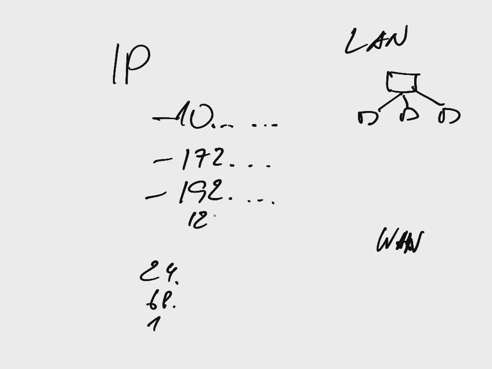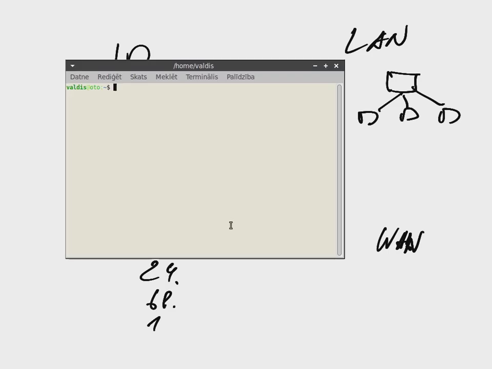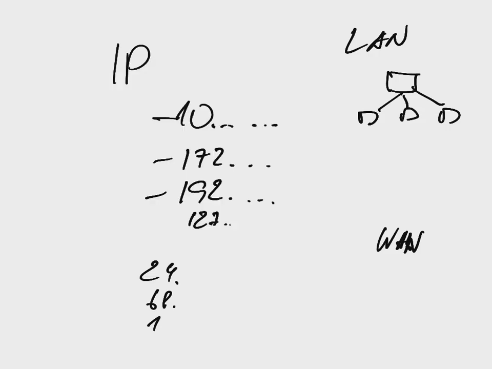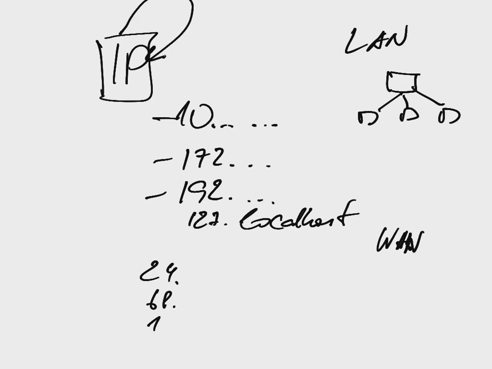By the way, everything which starts with 127 is a virtual address which is called localhost. It is a virtual IP address where you can check connectivity of your computer itself. So if you check connectivity on localhost, you actually check, for example, whether the internet is working for your particular device.